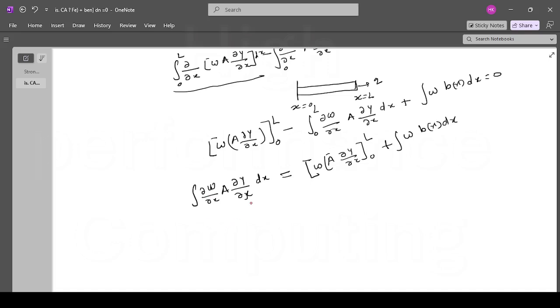Initially the derivative order of the differential equation was second order, but the order of requirement for the y approximate function has decreased. Here only first order is required. Now this order is transferred to the limited parameter function omega, and I told you the boundary conditions are implemented inside after the integration. If you can see, this implements the boundary conditions. So this is the weak form of your governing equation.